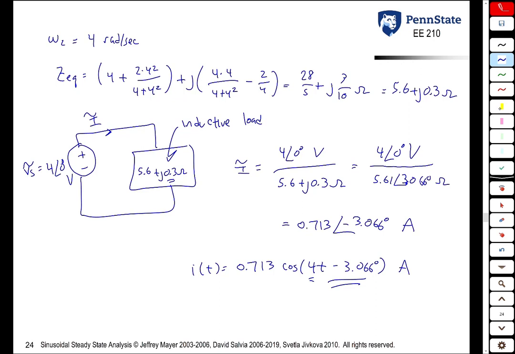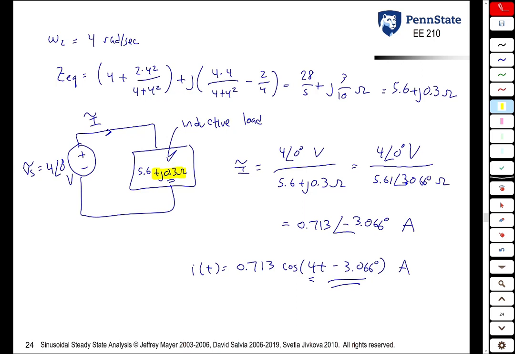Inductive load happens when the imaginary part is positive. A capacitive load happens when the imaginary part is negative. But notice there is a real part too, and that is because there are some resistors present in this circuit.